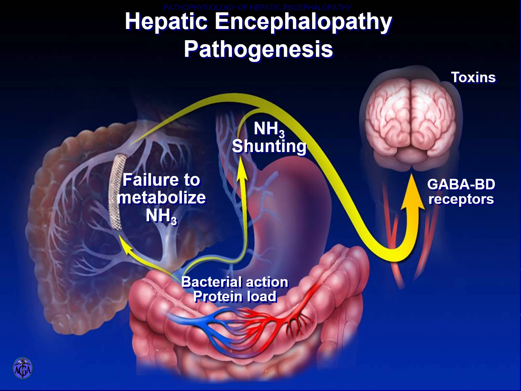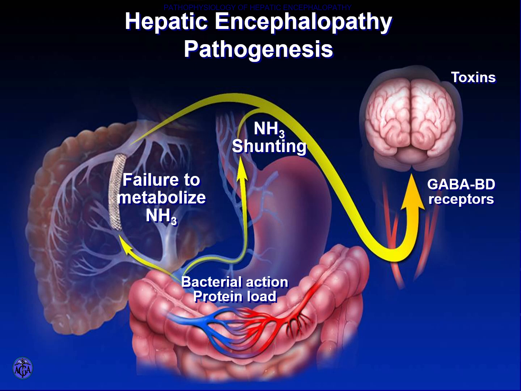So what is the pathogenesis of hepatic encephalopathy? Here you see the colon down below in the middle of the screen. Inside the colon, if you have a big protein load, eating hamburgers, or for example someone with GI bleed, that constitutes a big protein load.